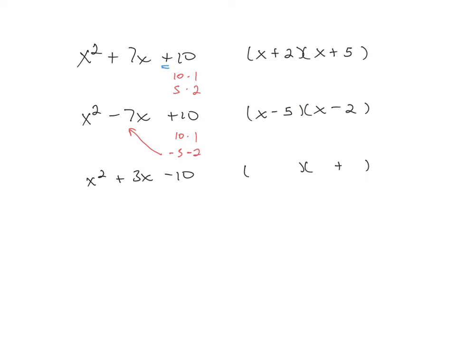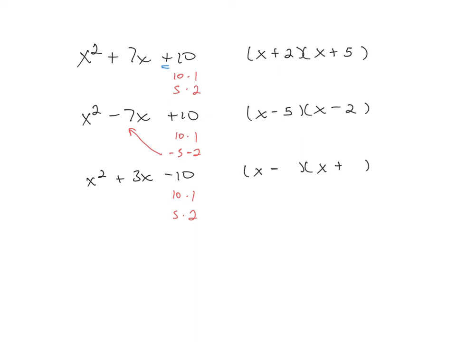Put the negative one first, because that'll be the smallest number. So again, it's 10 times 1 and 5 times 2 to make 10. What makes a 3? Well, if I do 5 minus 2, I can get a 3.